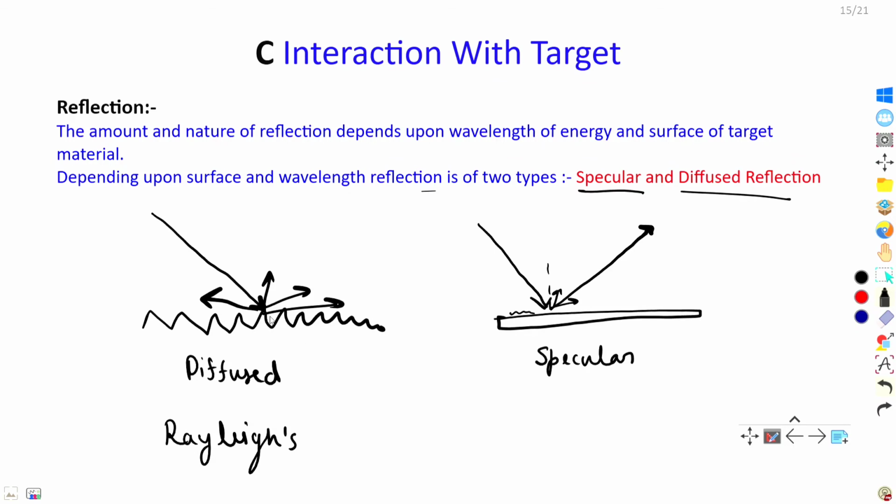If we take the surface undulation average height as h, and the wavelength of the ray is lambda, then if h is less than lambda by 8 into cos theta, where theta is the incident angle, the surface is called smooth, otherwise the surface is called rough. So for a smooth surface, specular reflection occurs, and for a rough surface, diffuse reflection occurs.